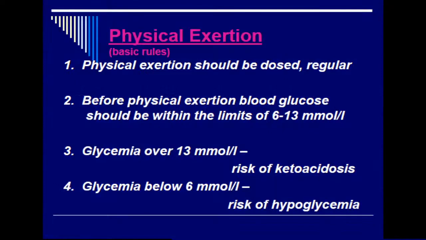Physical exertion should be dosed and regular. Before physical exertion, blood glucose should be within the limits of 6 to 13 millimoles per liter. Glycemia over 13 millimoles per liter means risk of ketoacidosis. Glycemia below 6 millimoles per liter means risk of hypoglycemia.